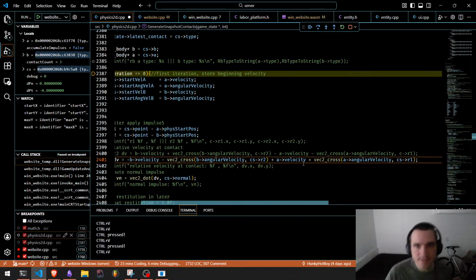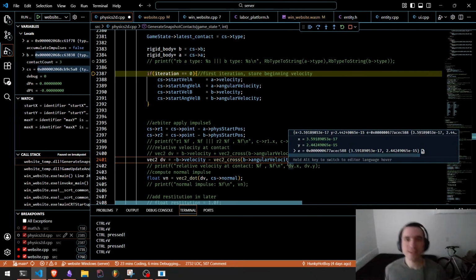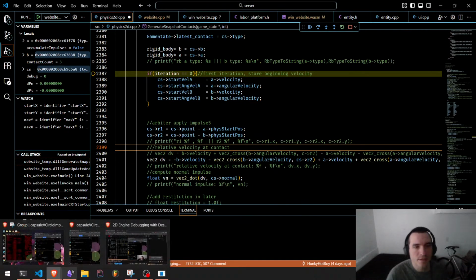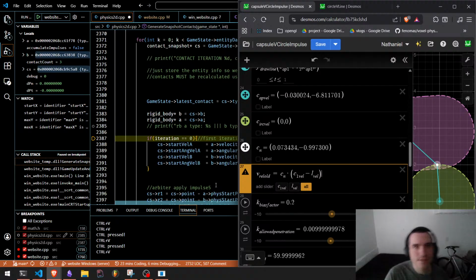So this is V. That's the relative velocity. I just call it dV. Is this correct?